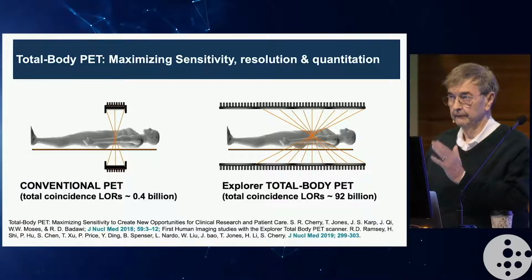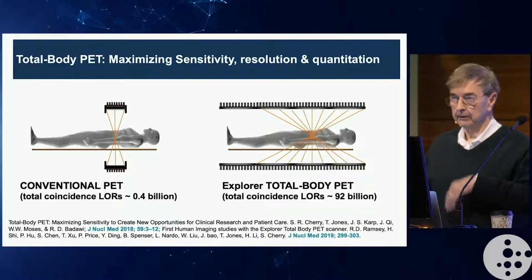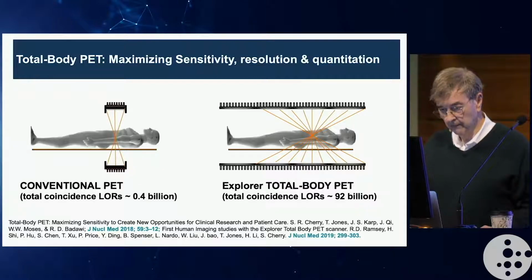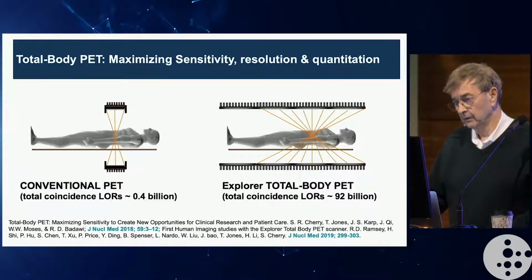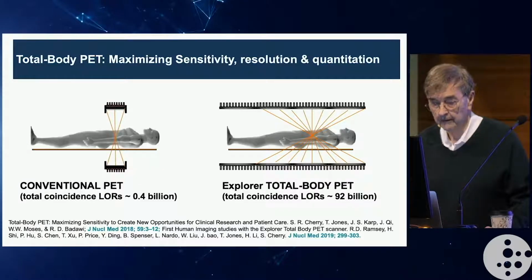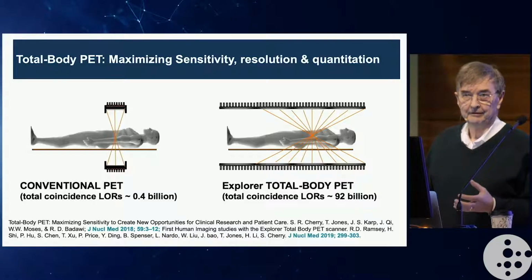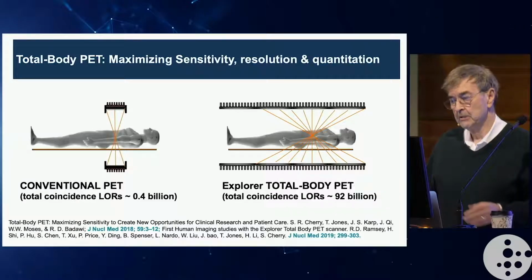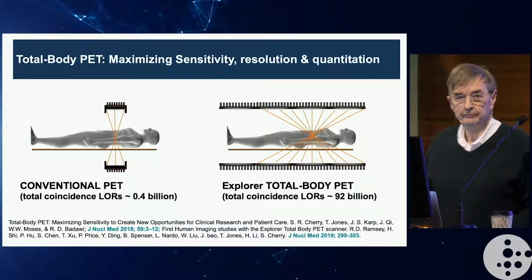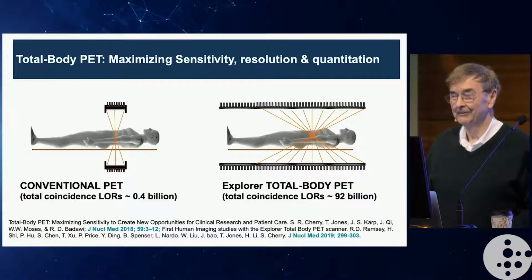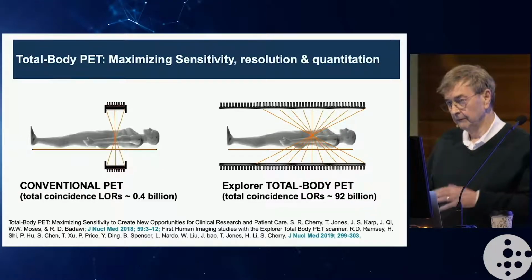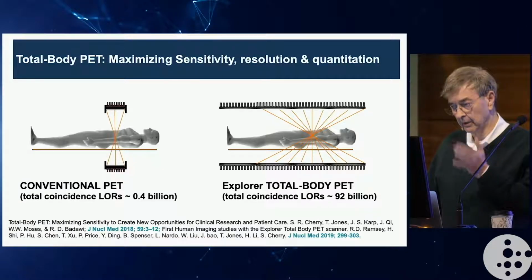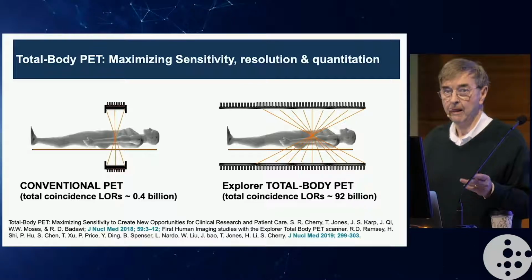Those are called lines of response. And we collect them around the patient, do a little math, reconstruct the images. In modern whole body PET scanners, there are about 0.4 billion lines of response collecting data simultaneously. In the Explorer, there are 92 billion. So it's over 50 times as efficient as the modern system, but covering the whole body.